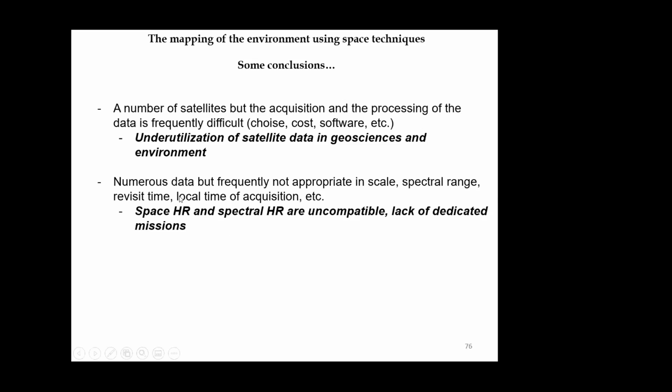So it is very important to know the potential of satellite data. We have numerous data, but frequently these data are not necessarily appropriate in scale, spectral range. I mentioned the case of Google Earth, for example.